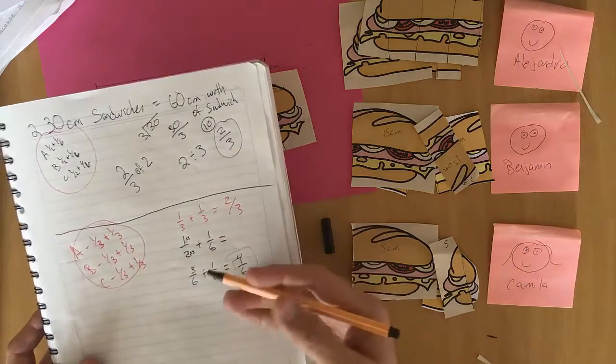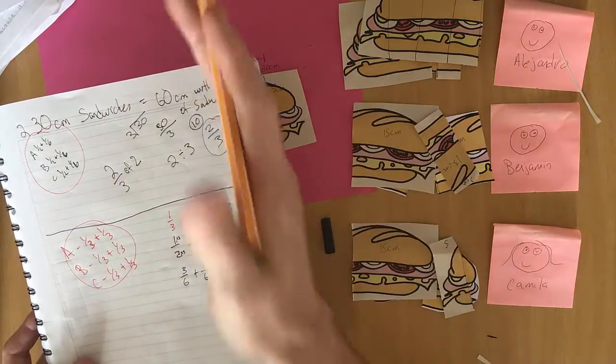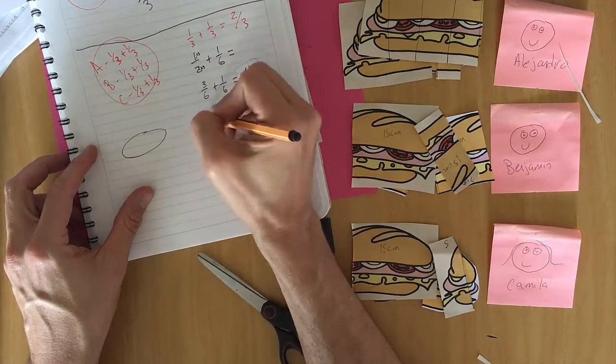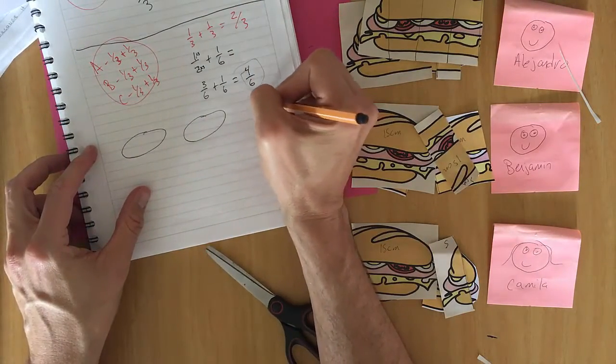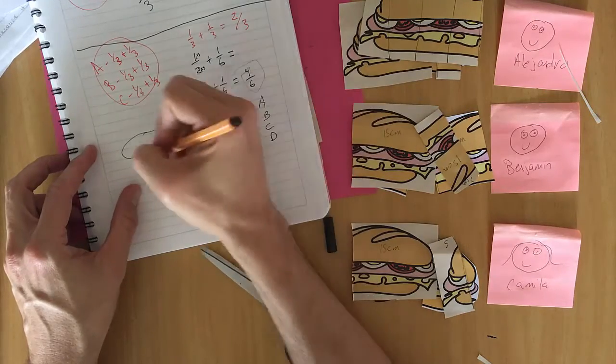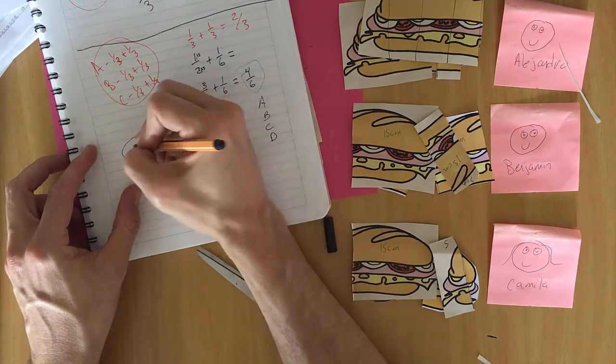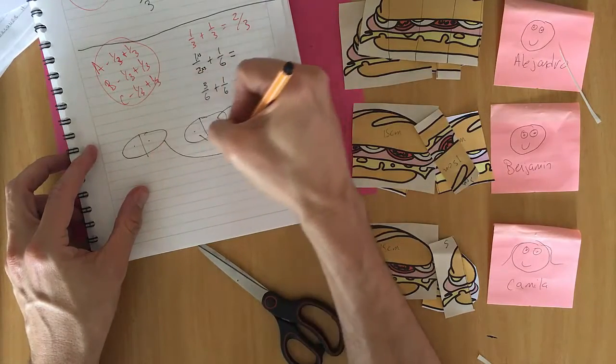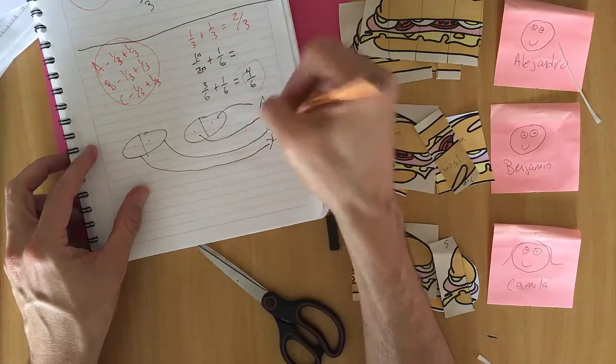So if I had 2 sandwiches and 4 people, A, B, C, D, I would divide it into 4 equal parts, 1, 2, 3, 4, and each person gets 1/2.